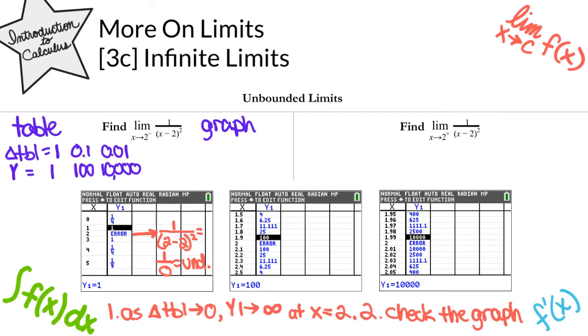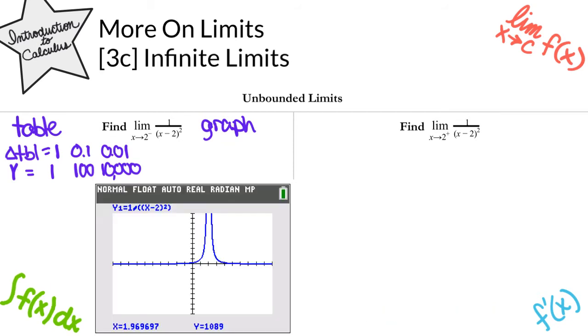So let's do that. Let's press Zoom 6 to get a standard viewing window. Then press Trace. It doesn't matter where your cursor ends up. Just make sure it's to the left of 2 because we're taking the left-hand limit. Then arrow right, approach 2 from the left side. And as you do that, notice what's happening with the y values.